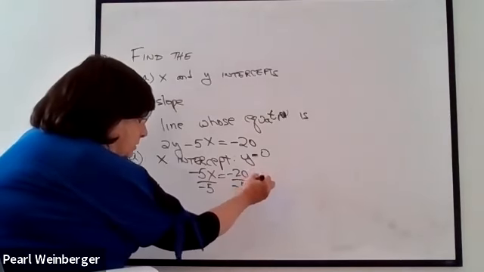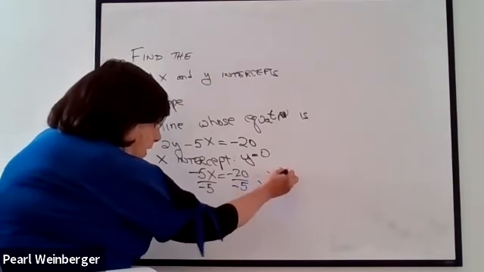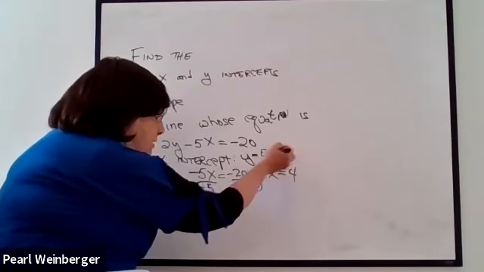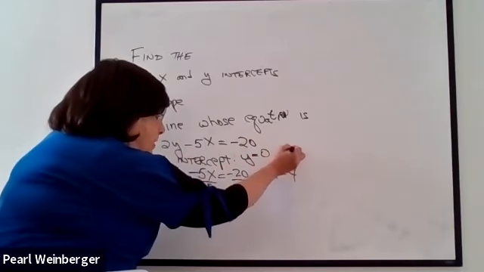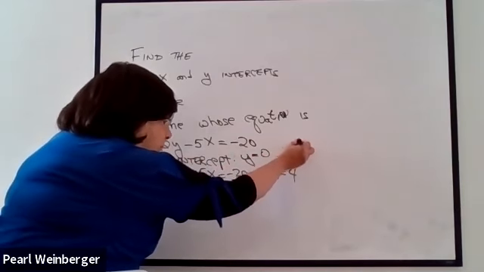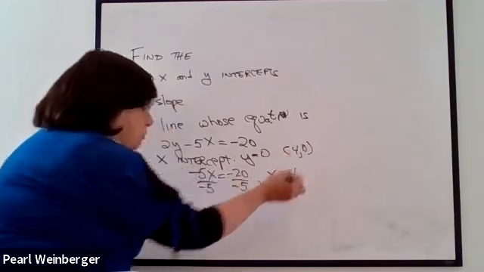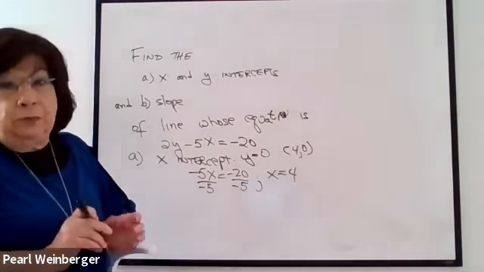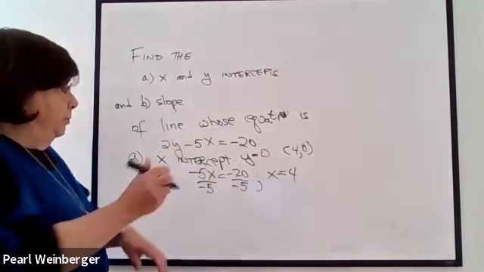We get x equal to positive 4, because a negative and a negative is positive, which means that my x-intercept is (4, 0). Again, if you just say the x-intercept is 4, that is perfectly okay.